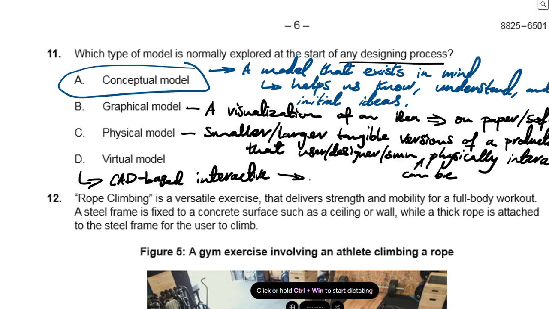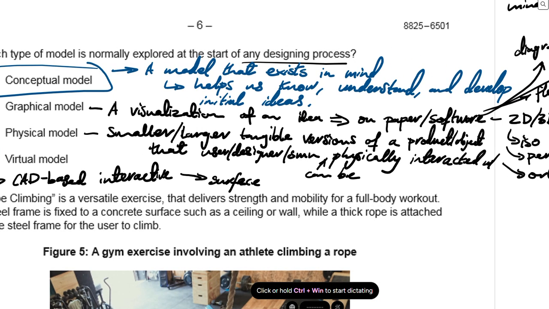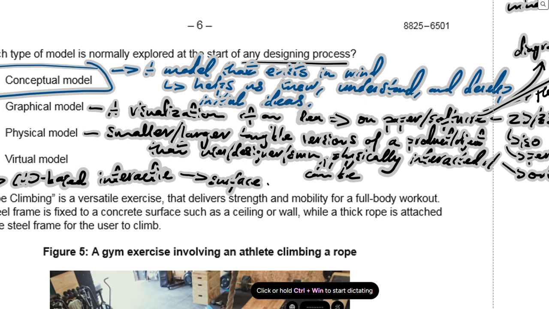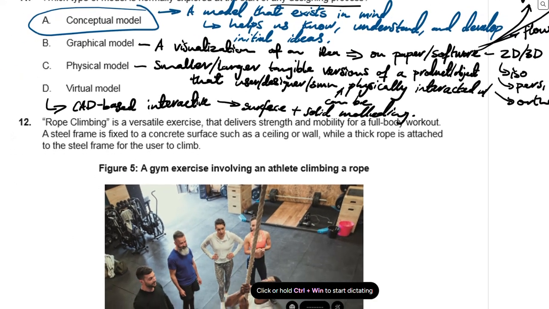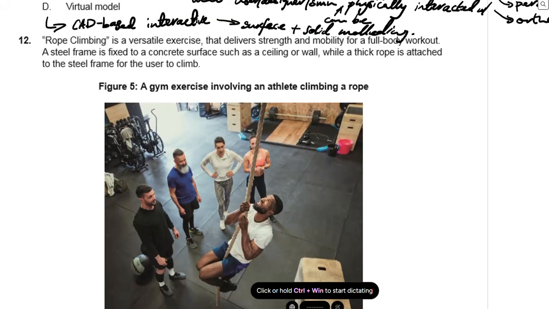And it uses surface modeling, so it's either surface or you can do solid modeling where you do the internal components as well. You're not just doing the outer look, right? Surface plus solid modeling. That is what virtual prototyping is.